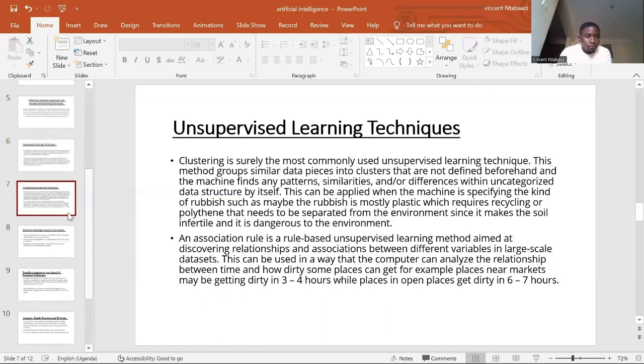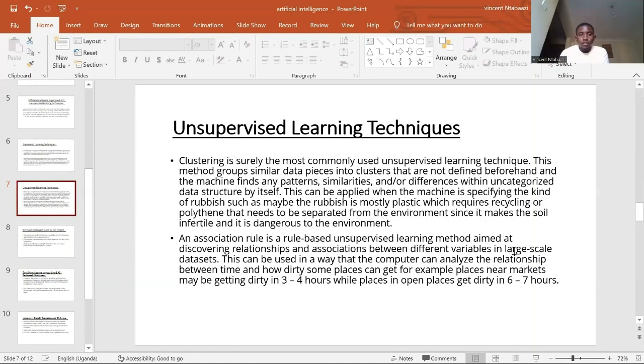Then under unsupervised, we have clustering, and then we also have association rule. You can read through my notes to get this better. Clustering simply gets similarities or patterns in the data that you have fed into the machine so that it's able to draw some conclusions with time.